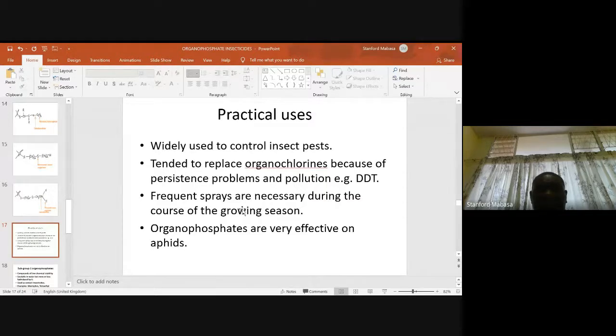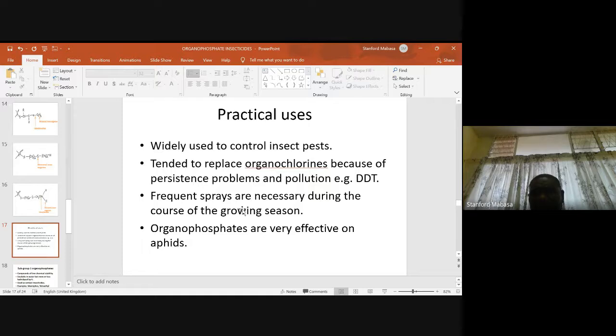Now, the practical uses of organophosphates is that these are widely used to control insect pests. They have tended to replace organochlorines, which were quite popular, because of persistent problems and the pollution, for example, DDT.